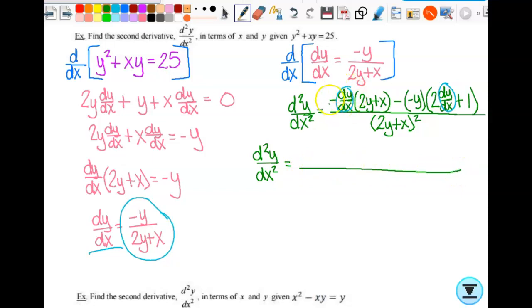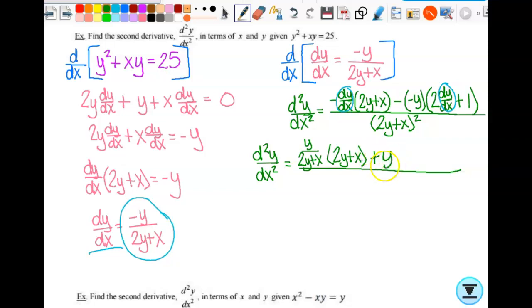So I'm going to have negative dy dx. Well, this is a negative y, so if I just put this in as positive, then I'll be fine. So I'm going to put in y over 2y plus x, times 2y plus x, and then I'm going to multiply these, but this negative times a negative is really just positive.